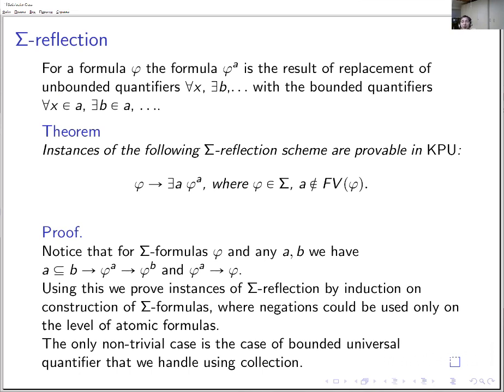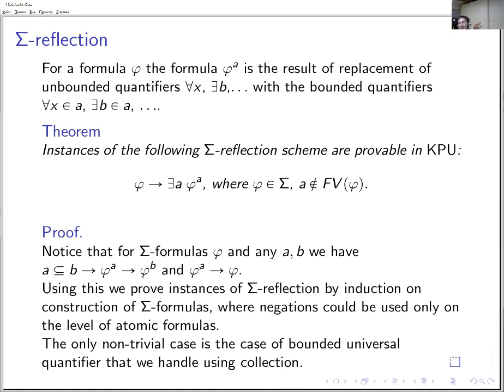If you take some formula phi, then the relativization of phi to a set A is a formula where we replace all unbounded quantifiers with bounded quantifiers, where the bound is our set A. The basic idea is that if you think about A as a transitive model, then this means you look at the truth value of this formula inside a transitive model, at least as long as the parameters of the formula are inside A. If not, it's a slightly different thing.